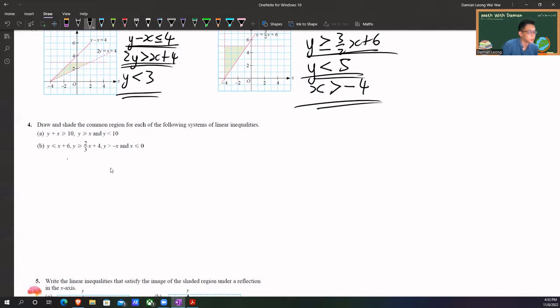So draw the line y plus x equals to 10. Y intercept 10, x intercept 10. Okay, there's a line like that.